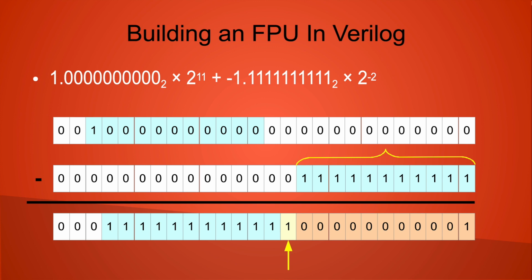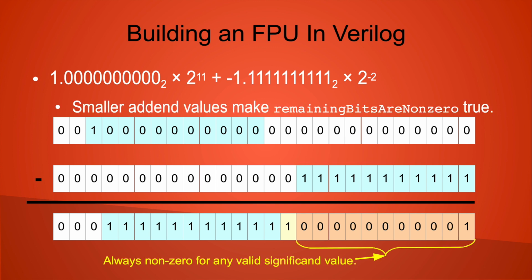Note something else. Because the addend has the largest possible significand value, and because the addend is being subtracted from the augend, we can see that using any smaller valid significand value for the addend will leave 1 bit set in the remaining bits of Y bar. Here, valid significand value means the most significant bit of the addend will always be 1.